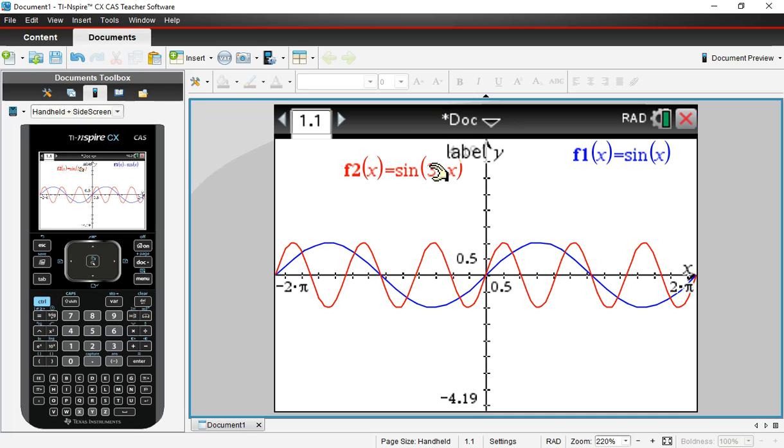So the bigger the number here, the more compressed, if you think about it like a spring, the more compressed the graph becomes. The bigger the number in front of the x.